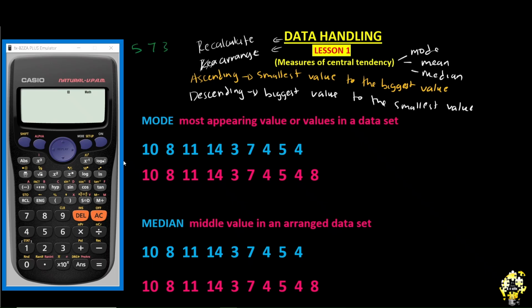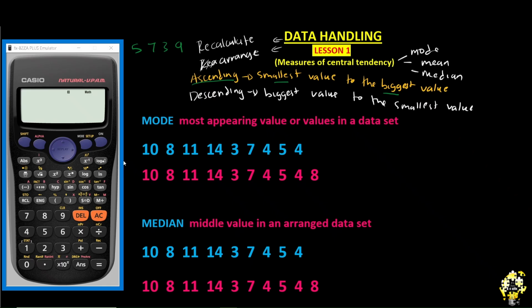Let's say 7, let's say 3, and then here, let's say 5, and 9. So this is the data that you've been given, and the question asks you to arrange, or order, this data in ascending order. Because we said ascending order, you start from the smallest value and go to the biggest value. The smallest value here is number 3.